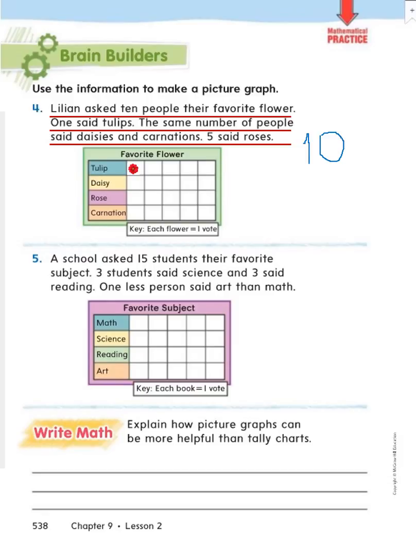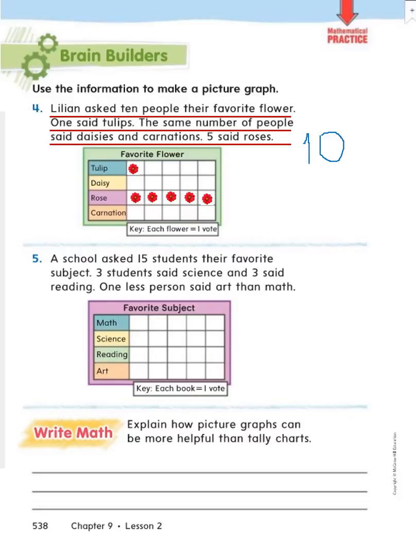We don't know how many people said daisies and carnations, but we do know how many people said roses. That's what it says in the final sentence. 5 said roses. Well, we've got 5 roses and 1 tulip. And hopefully we all know our math facts, and we know that 5 plus 1 equals 6.